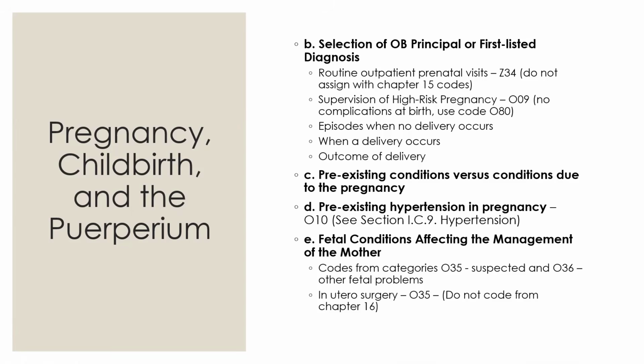Number 4, when a delivery occurs. When an obstetric patient is admitted and delivers during that admission, the condition that prompted the admission should be sequenced as the principal diagnosis. If multiple conditions prompted the admission, sequence the one most related to the delivery as the principal diagnosis. A code for any complication of the delivery should be assigned as an additional diagnosis.